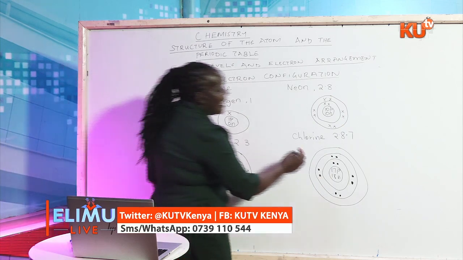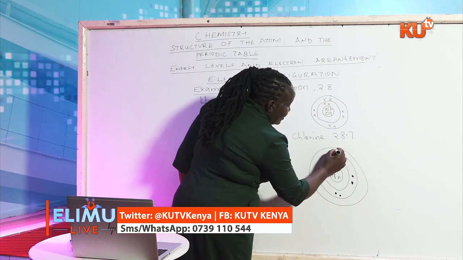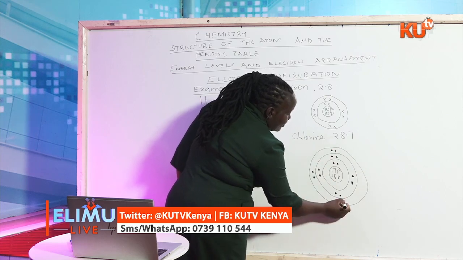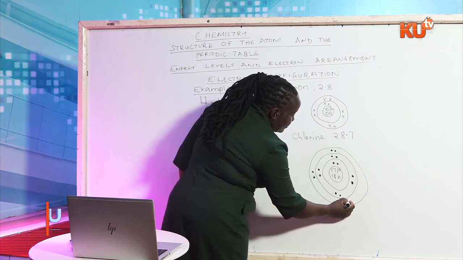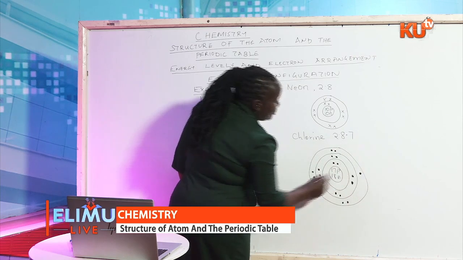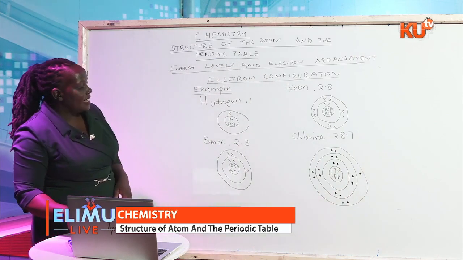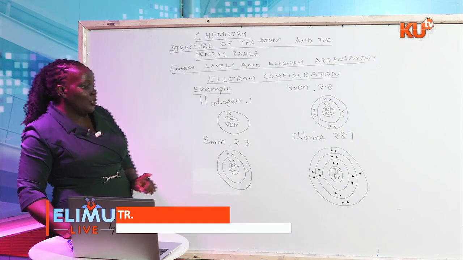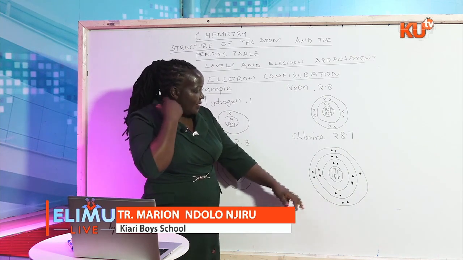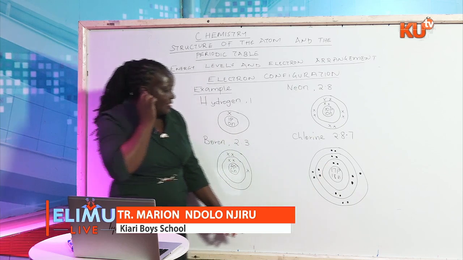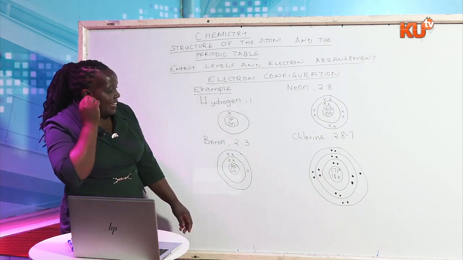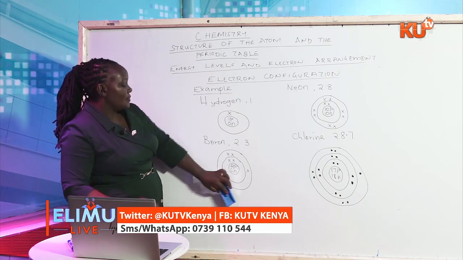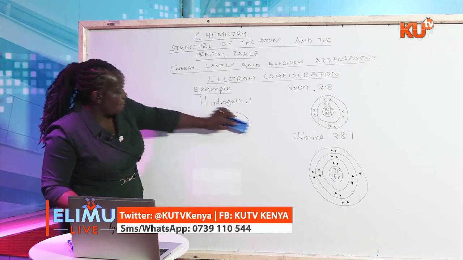The third energy level has 7. So in an atom of chlorine, the electrons will be represented like that: 2 in the first energy level, then 8 in the second energy level, and in the third energy level, we have 7. Lastly, we have potassium.